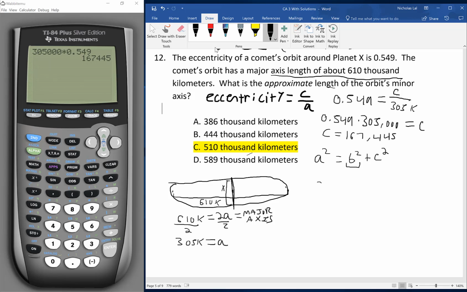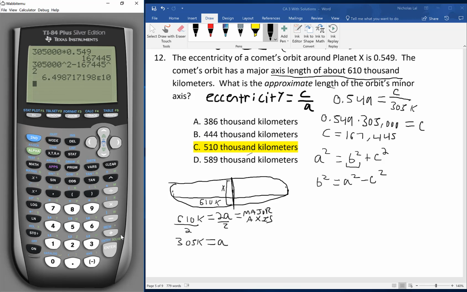So we can say b squared is equal to a squared minus c squared, or b squared is equal to 305,000 squared minus c squared, which is going to be 167,445 squared.